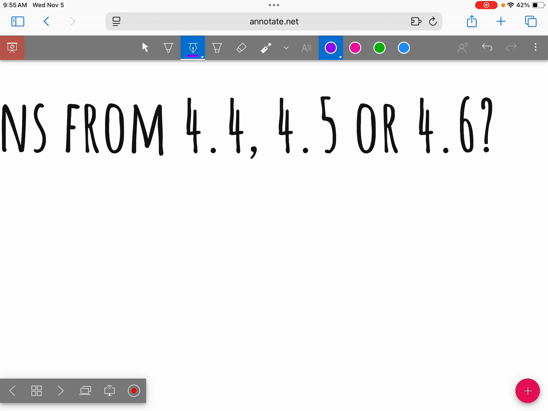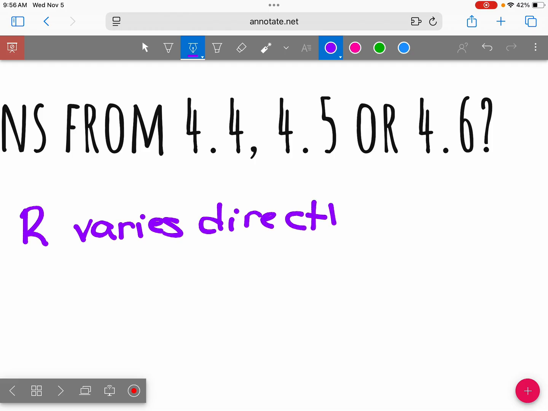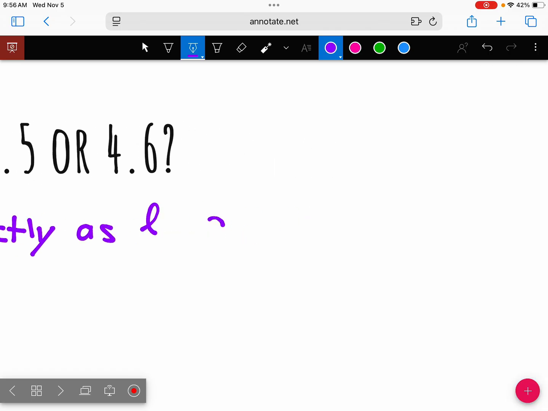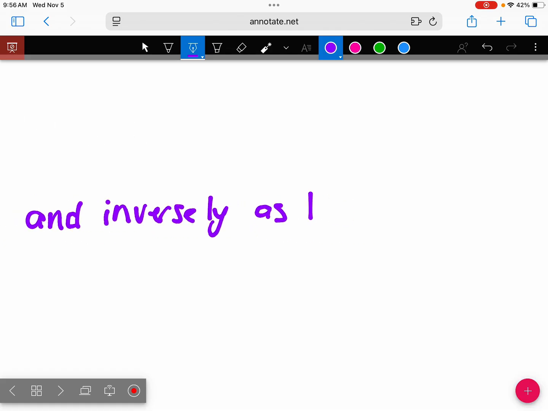We've got that R varies directly as L and inversely as the square of D. So the very first thing we need to do is write this as an expression, an equation.